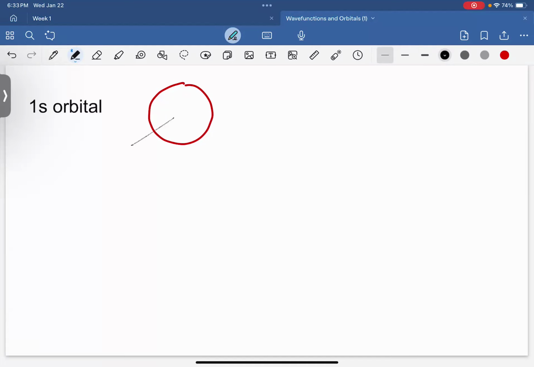Let's remember that this is an orbital in a three-dimensional space where we've got an x, a y, and z axis.